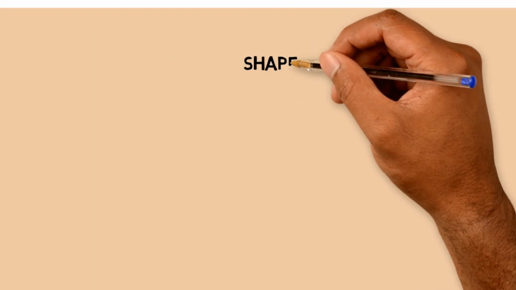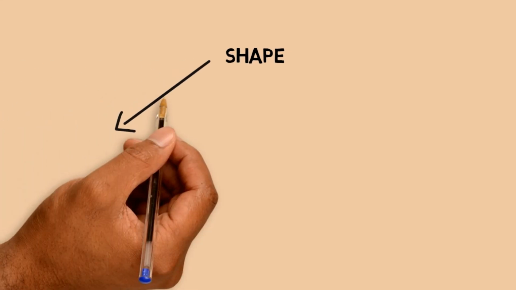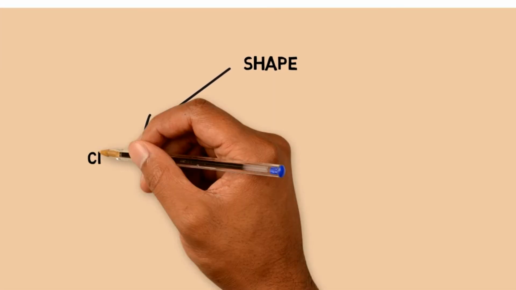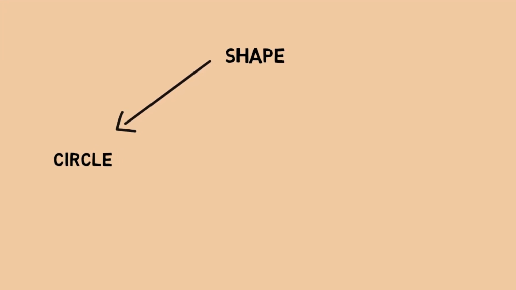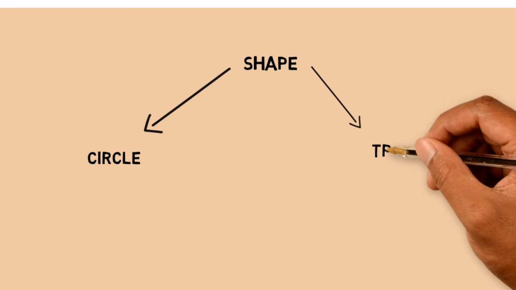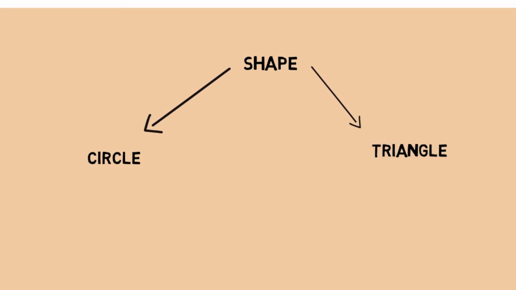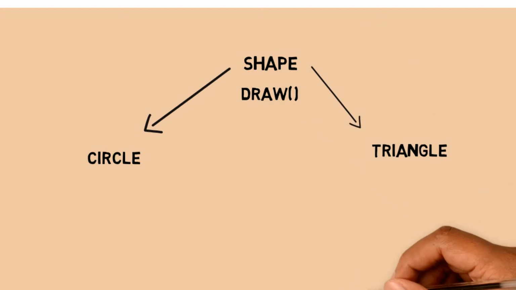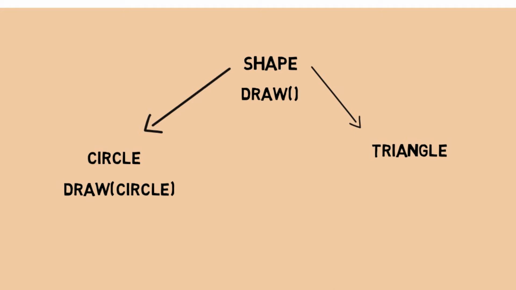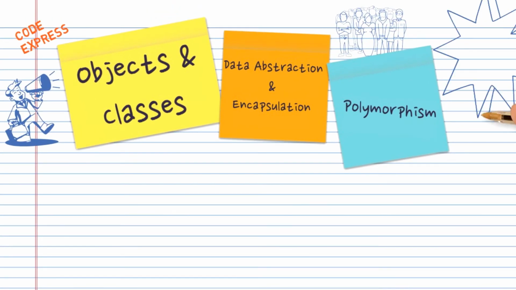For example, let us take the example of a shape. A shape might be a circle, rectangle, triangle, or square. It can be of any shape, that doesn't matter. But for the methods we are concerned with in the shape, for example a draw method, at different instances it would behave differently, because if we want to draw a circle, then we would be taking a radius. Getting my point?